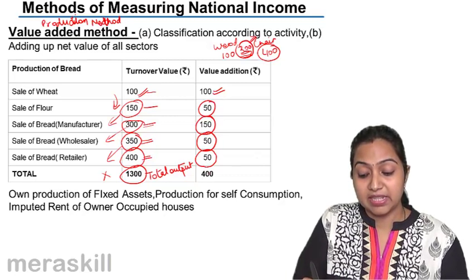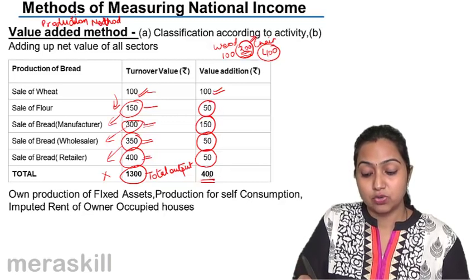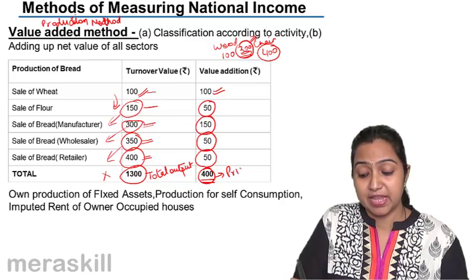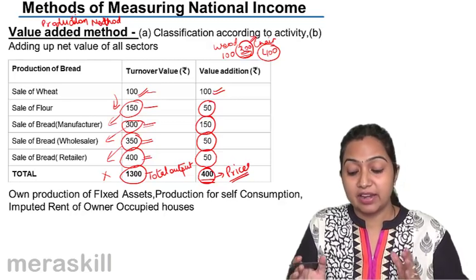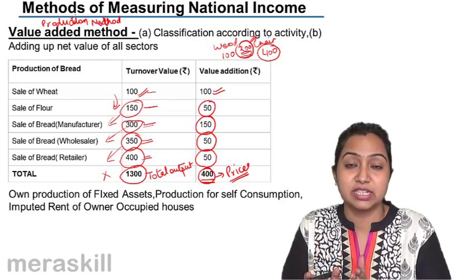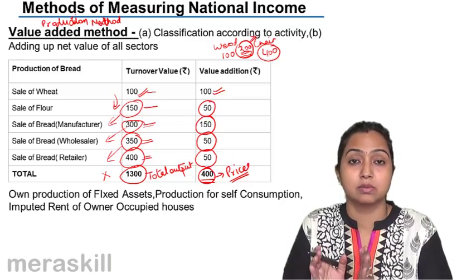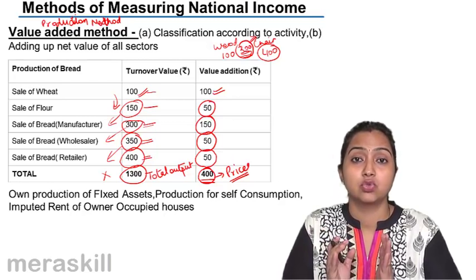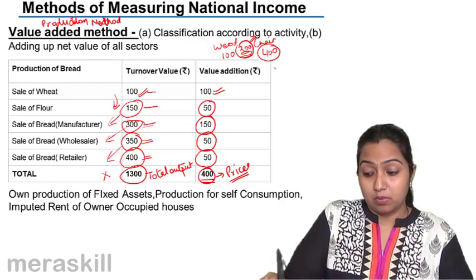So the total value added was 400 rupees, from 100 to 400 rupees, and this is the final price that the customer pays for it. So this is the value added, and this is what we should consider while computing national income.